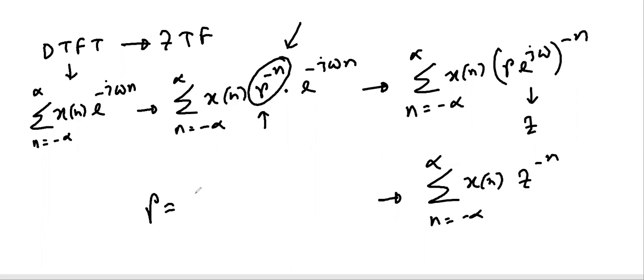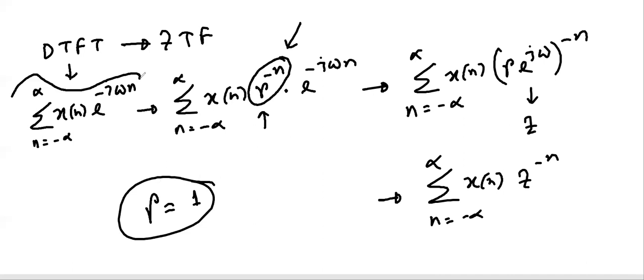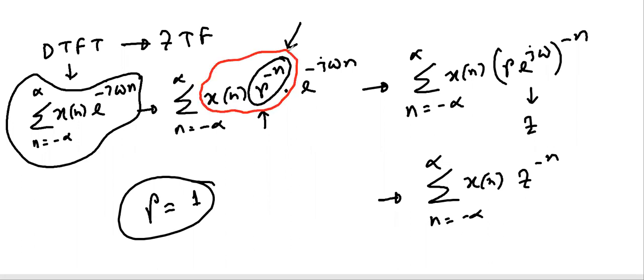So if you choose r equals 1, it is exactly like the discrete time Fourier transform. If you choose the value of r higher or lower, depending on that, you can make this total scenario stable. Not exactly that one, even this scenario. This will be stable.